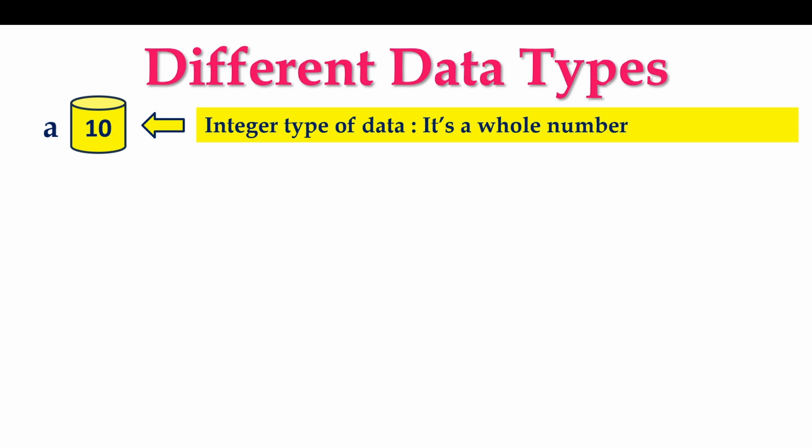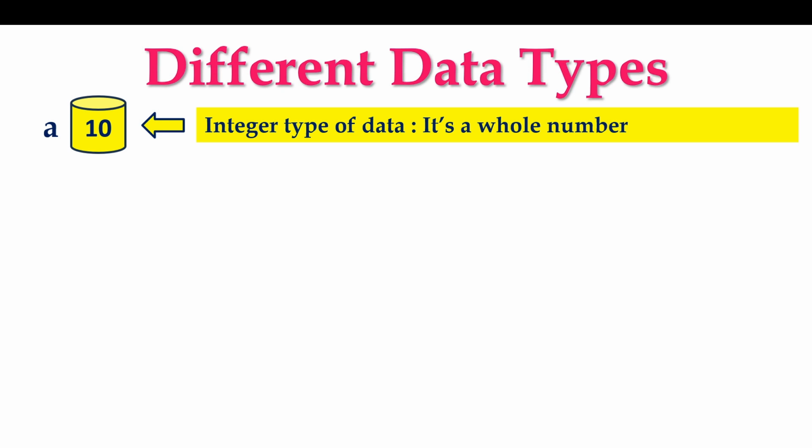Integer type of data means it is a whole number without decimal point, or it is not a fraction, it is a number. For example, here you can see A is a variable or container which is holding the value 10. 10 is of integer type. It is a whole number without decimal point.